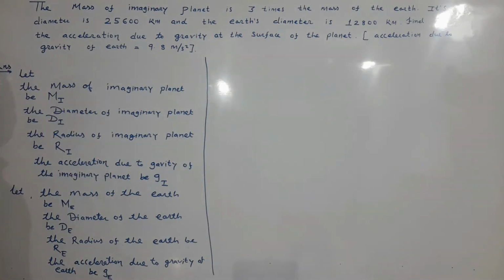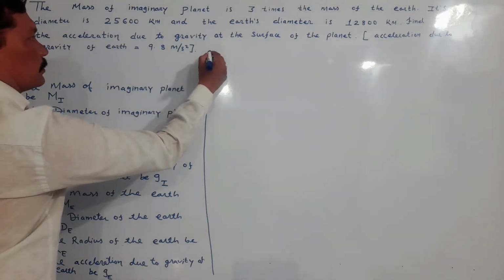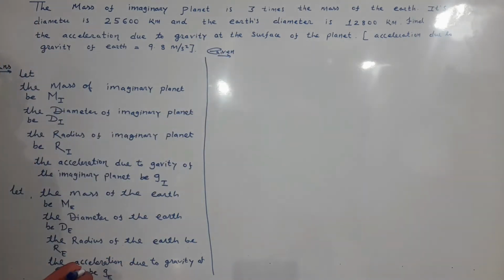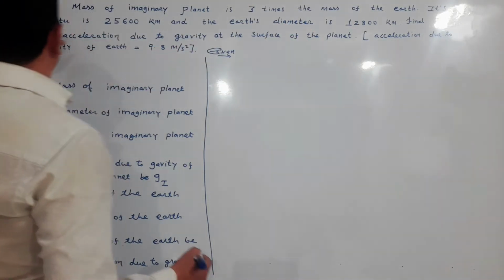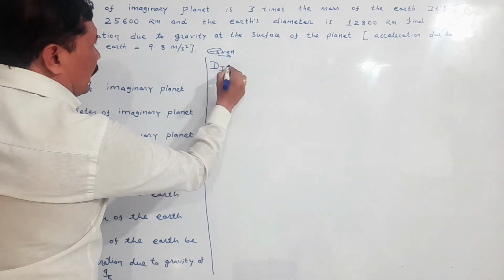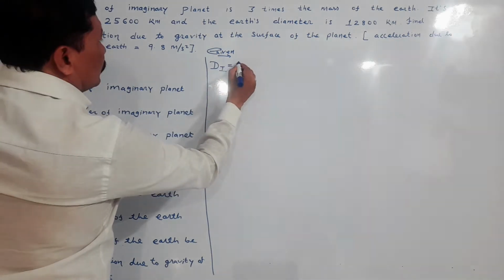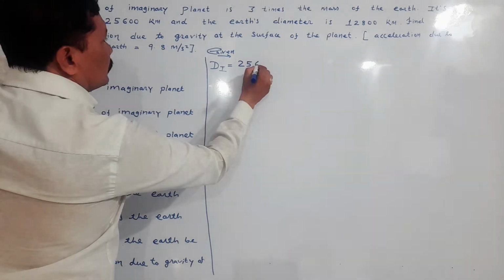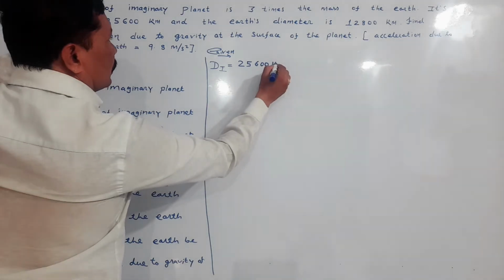Now my dear student, here we will write what is given to us. The diameter of imaginary planet is given to us. So Di is equal to 25600 kilometer.